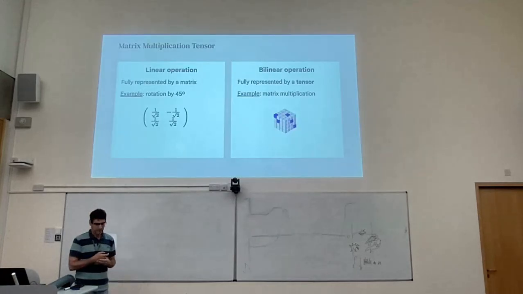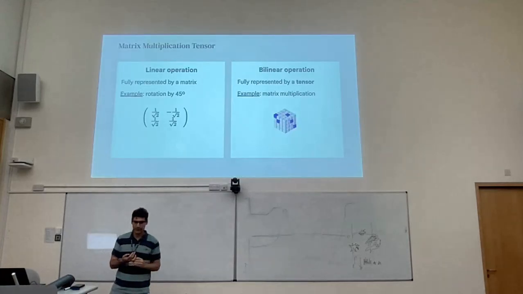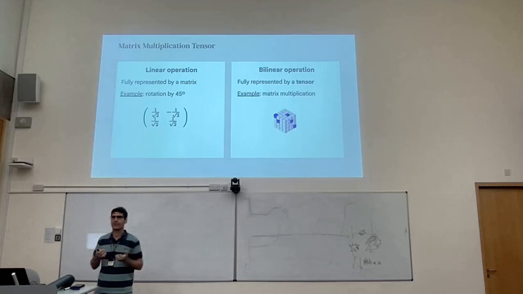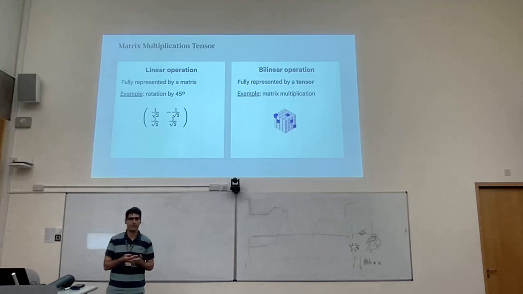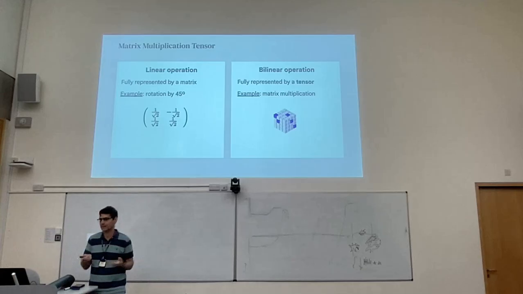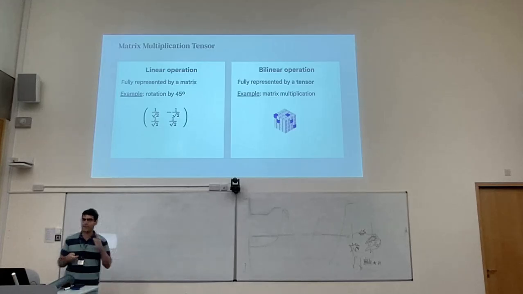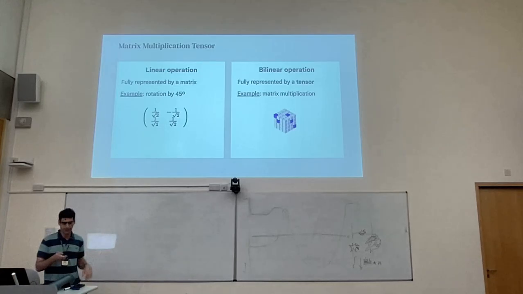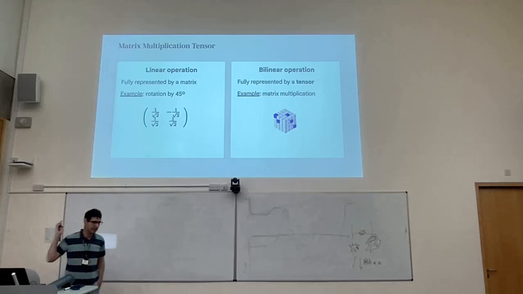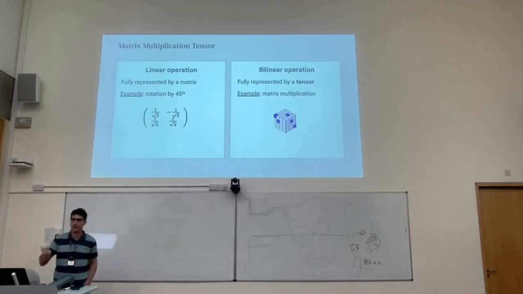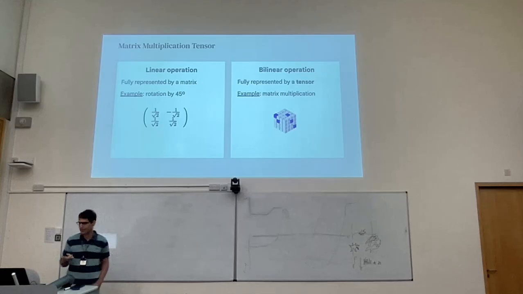So when we were working on AlphaTensor, the first thing is, okay, how do we formalize the space of algorithms to multiply matrices, so that we can search that space? How do we do that? With matrix multiplication, there's a neat way to do that. If you think of a linear operation, like a rotation by 45 degrees, linear operations are fully characterized by a matrix.